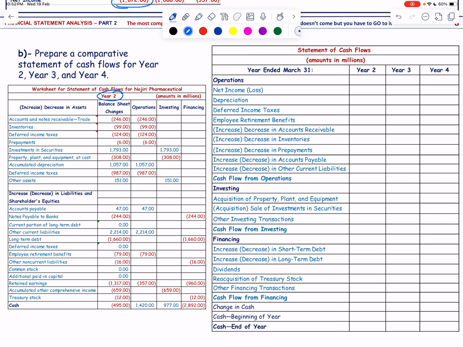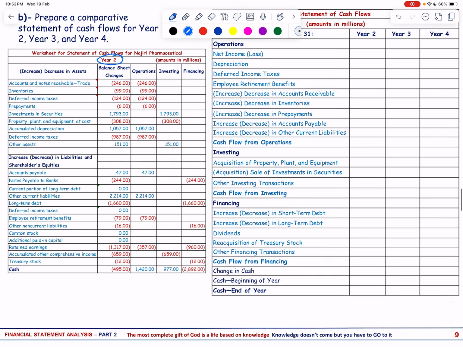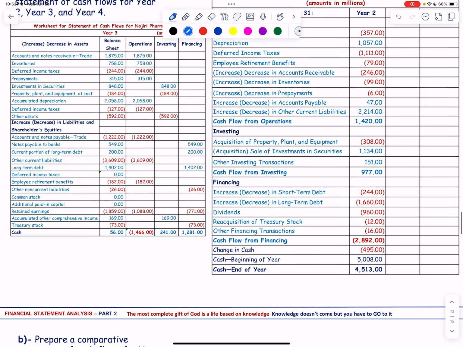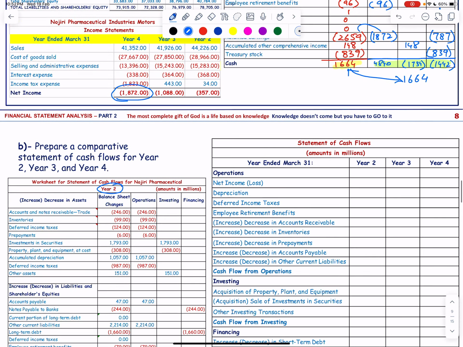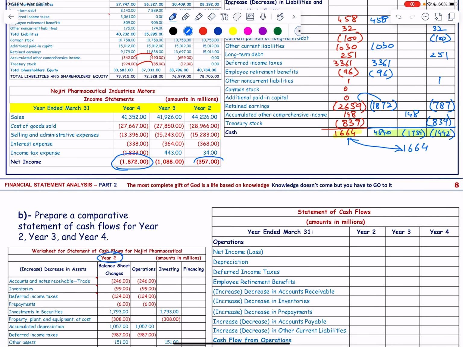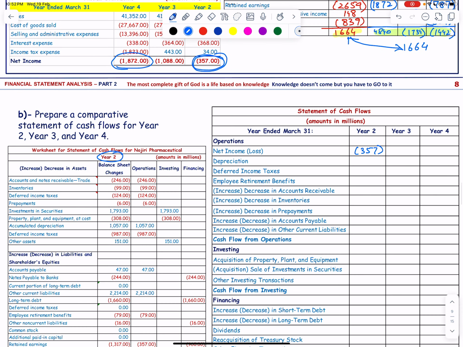Now we start with the net income or the loss, and as you can see, for year number 2, there is a loss of 357, so we just put it like that. Then we have the depreciation, and depreciation is 1057. Then we have the deferred income taxes.